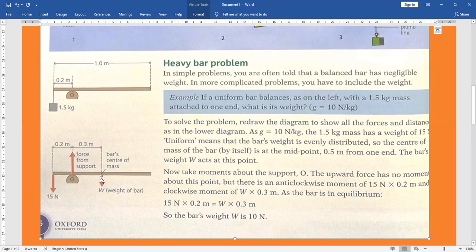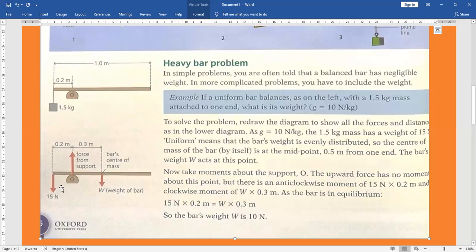Now there are three forces acting here. One is the weight of the bar, second is the upward force by the support, which is upward, and third one is going downward, which is 15 Newton. Now from this we can find out the weight of the bar. Now 15 multiplied by 0.2 will be the anti-clockwise torque.